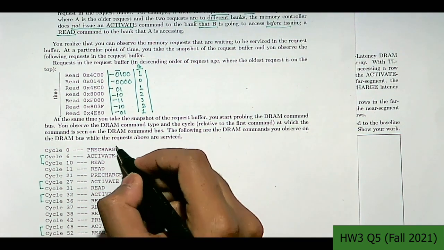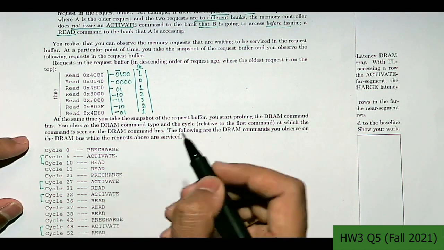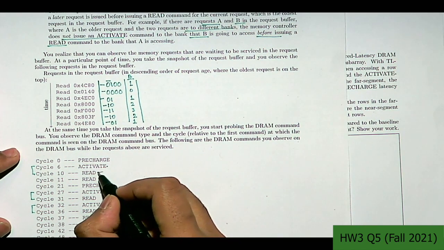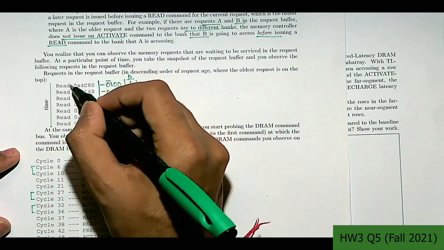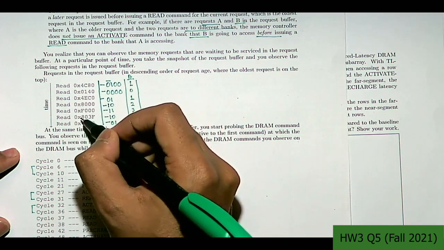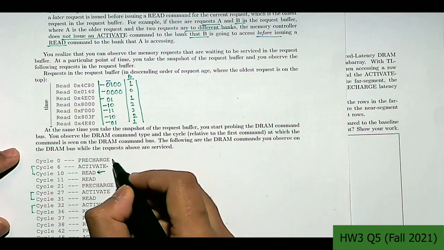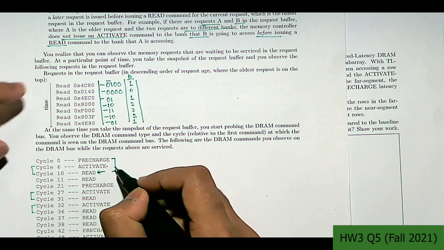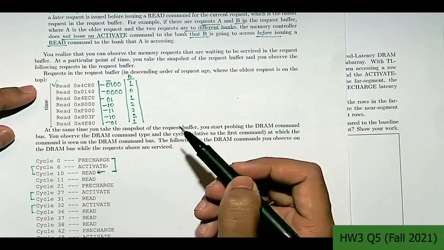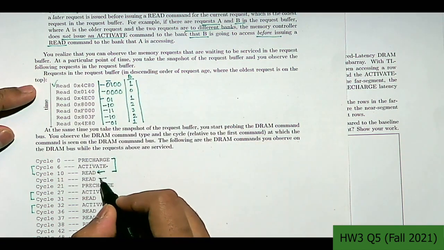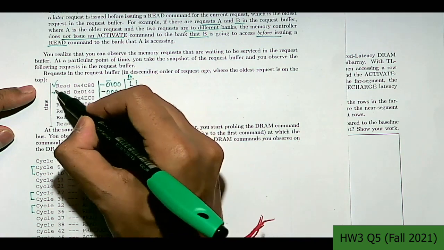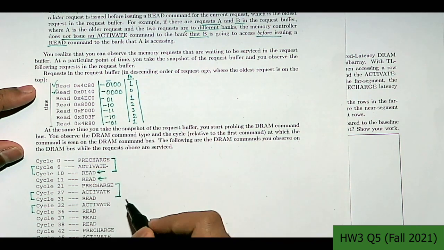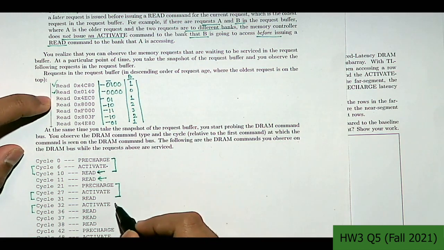So the reads are what is happening for all of these accesses, right? If we categorize these accesses like this, these 3 commands happened for this access. Then this command sequence happened for the second access. Then the 3 commands happened for the third access.